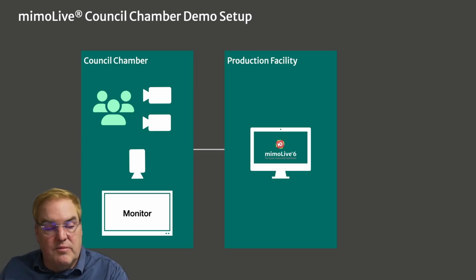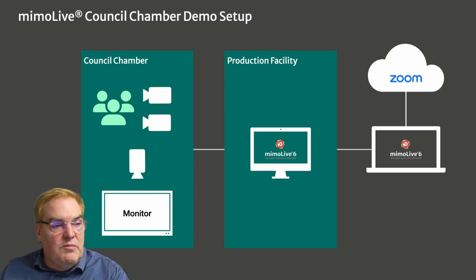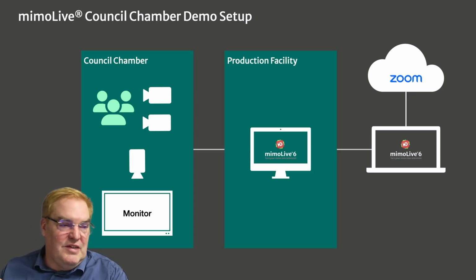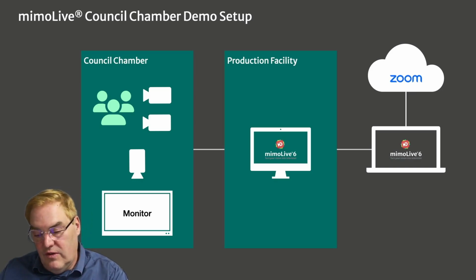The Mac on the production facility has access to all the cameras in the council chamber, and we can send video down to the monitor in the council chamber. And I have been doing this from my home office, so I've connected to the production facility using remote production, and I'm sending part of the video I get to Zoom so you can follow along. So this is what the demo was about.